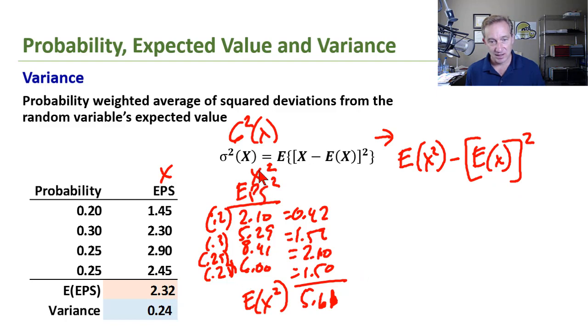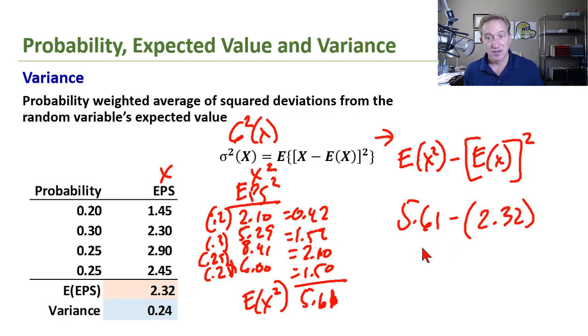So what I've done here, and again, I had to go calculate the x squared values, in this case the EPS squared, and then to get the expected EPS squared, I need to multiply them each by those probabilities. I get 561, and then I need to subtract the expectation of x itself. That's the probability weighted average, 232 squared, and I would get that variance, 0.24.